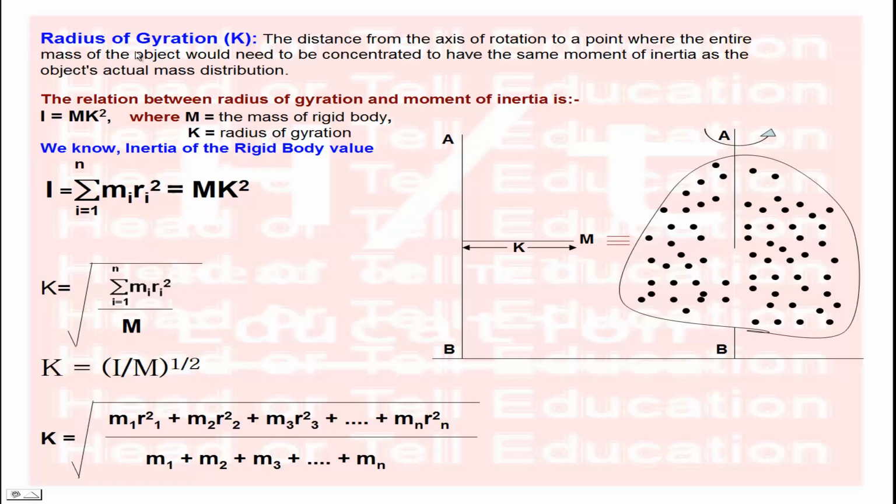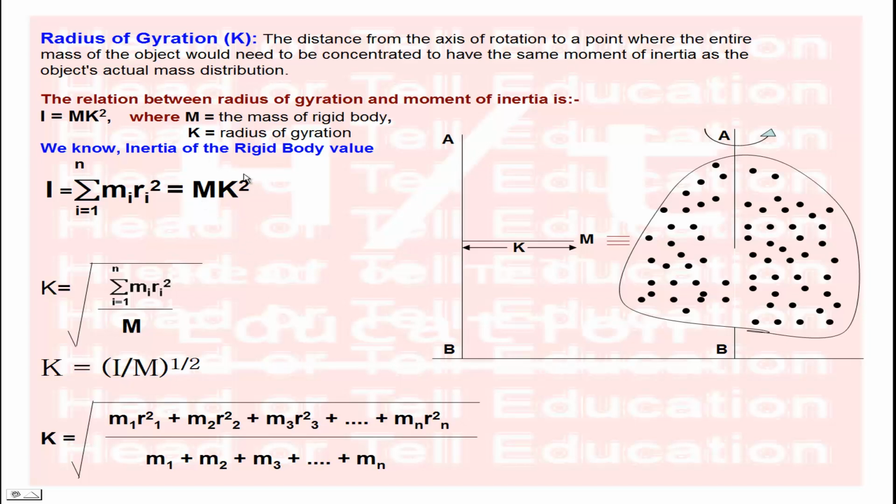Next is radius of gyration, represented by k. The definition is the distance from the axis of rotation to a point where the entire mass of the object would need to be concentrated to have the same moment of inertia as the object's actual mass distribution.